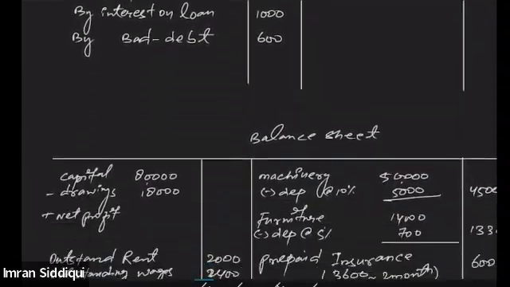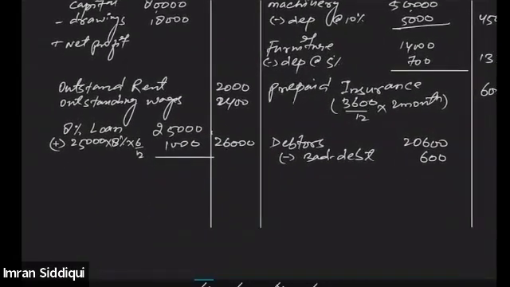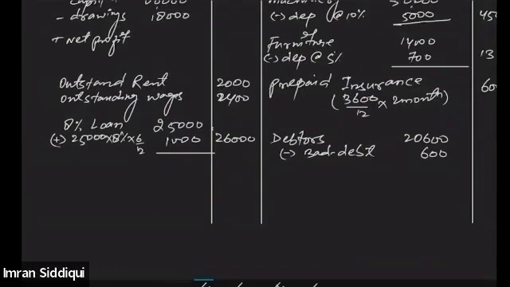Yes, sir. Yes, sir. And now the question says that we need to prepare the provision for doubtful debt at the rate of 5%. So provision at the rate 5% on the debtor. Now remember this, provision is always made after subtracting the amount of bad debt. So if the total amount of debtor is 20,600, we have to subtract 600 before charging provision.